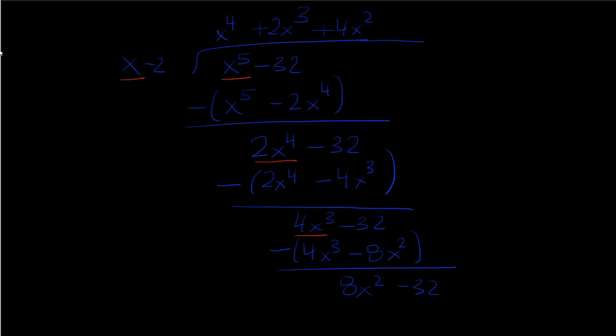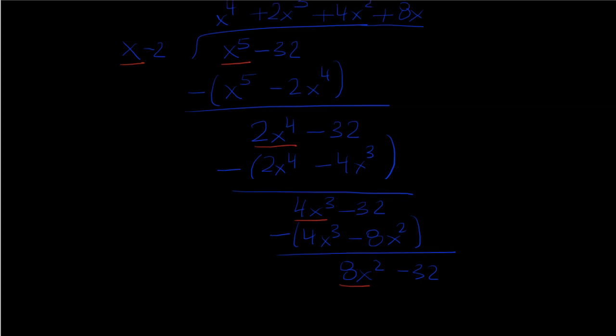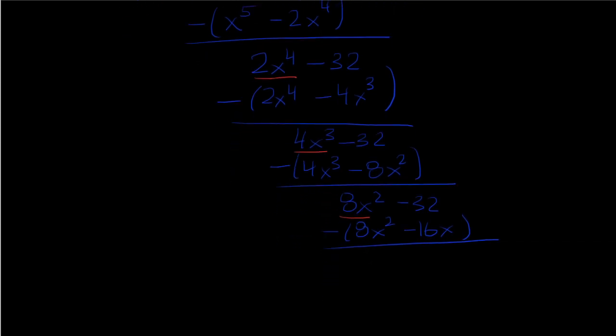I look at x and 8x squared. Well, I need to multiply x by 8x. So when I do that, I get 8x squared minus 16x. I subtract, and I get 16x minus 32.